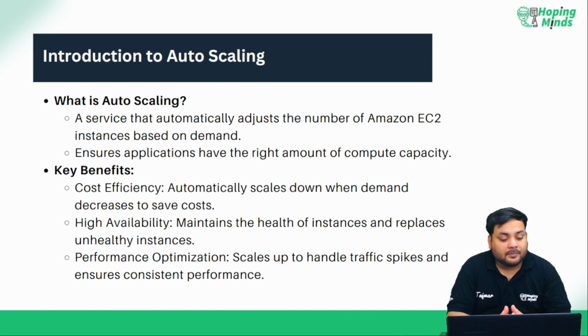When you're doing everything automatically, you don't have to worry about anything. In that scenario, we can understand that the cost is going to be optimized, and it will provide cost efficiency. Then we have high availability and performance optimization.